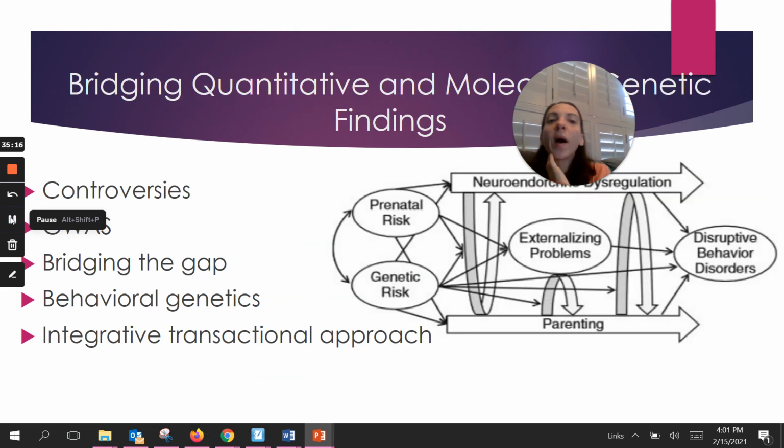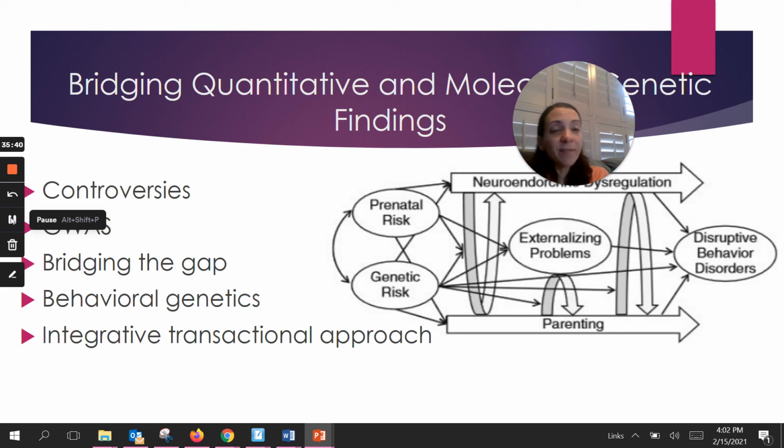So bringing together quantitative and molecular genetic findings, there are some controversies. Quantitative genetic studies state that finding increased genetic influence on phenotypes, specifically disruptive behavior, identifies it as a good candidate for molecular genetic studies. Molecular genetic studies help interpret quantitative genetic studies.